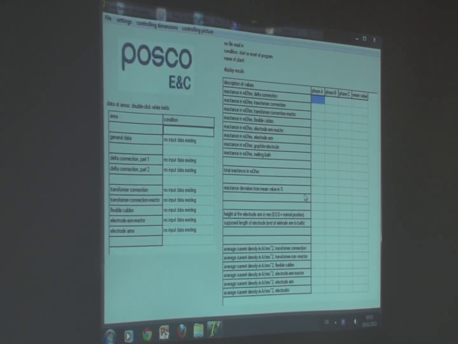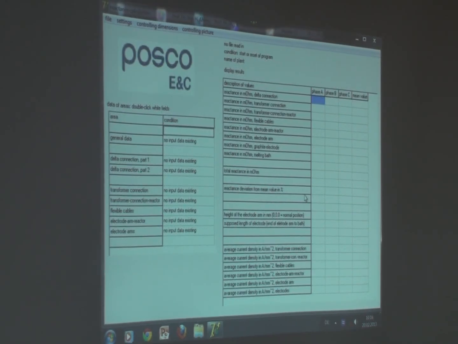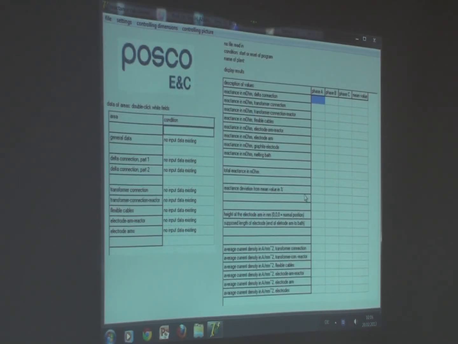Okay? Now we can calculate: all voltages are equal, all currents are equal, all powers are equal. And we can say now the total power, active power, ja, ist klar.